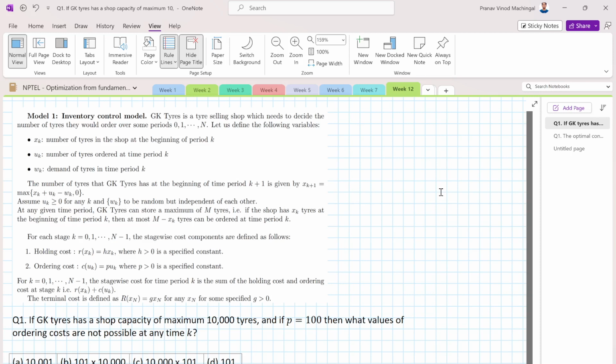Okay, and you have some notion of the dynamics of the system, how the system evolves from each time period to the next time period, and how the actions change that.